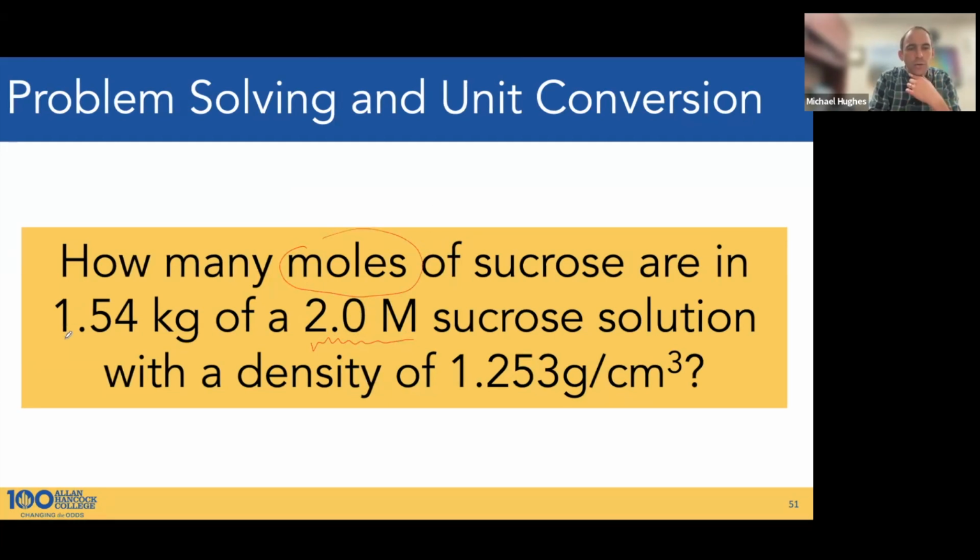I'm starting with grams, well, kilograms, which I can go to grams. And from there, I can get cubic centimeters, which is volume. And from cubic centimeters, I could go to liters, which can get me to molarity, which is moles, which is what I'm looking for.